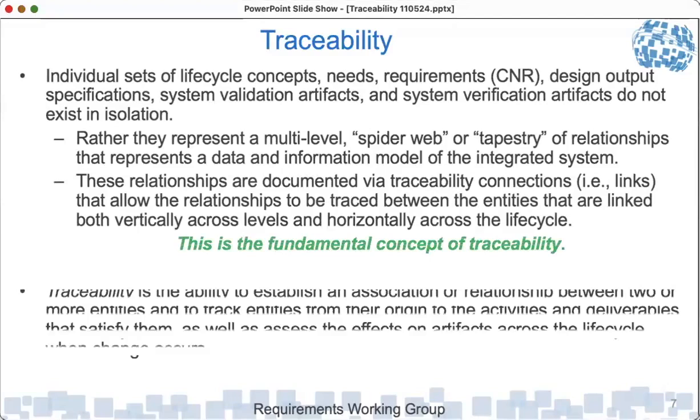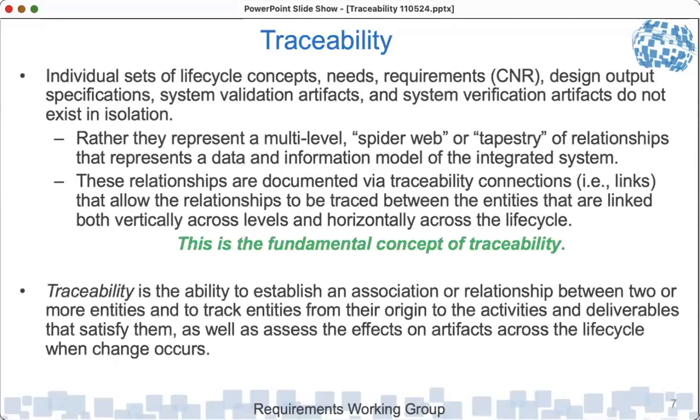So from a definition standpoint, traceability is the ability to establish an association or relationship between two or more entities and to track entities from their origin to the activities and deliverables that satisfy them, as well as assess the effects on artifacts across the lifecycle when change occurs.